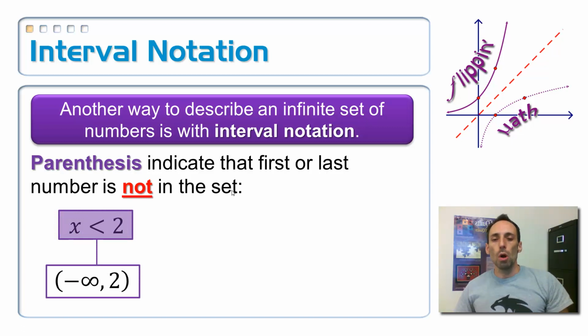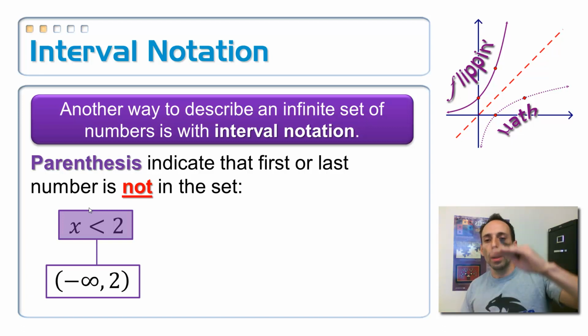This is exactly how I'd write that in interval notation. Well, what would be the smallest number in that set? There isn't one, because it's everything that's less than 2, so I'm going to write down a negative infinity. Notice that right next to negative infinity is a parenthesis, because you can never get to negative infinity. Infinity itself is not a number, it's just a concept of getting bigger, bigger, bigger without end.